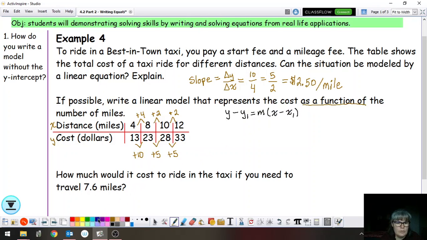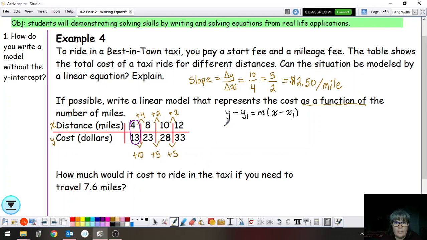And I'm going to choose a point. I'm going to use the smallest numbers in my table, the 4 and the 13, and use those for my x1 and y1. And we have the slope as 2.50, or we can use 2.5 in our equation.